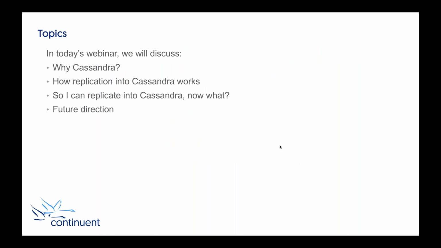We'll have a quick look at how the replication into Cassandra works, and then look at what I can actually do with the data once I've replicated it. I will also have a quick look at future direction, some other things that we're trying to sort out and resolve. Some of which are directly related to our Cassandra applier, some of which are related to our general replication.